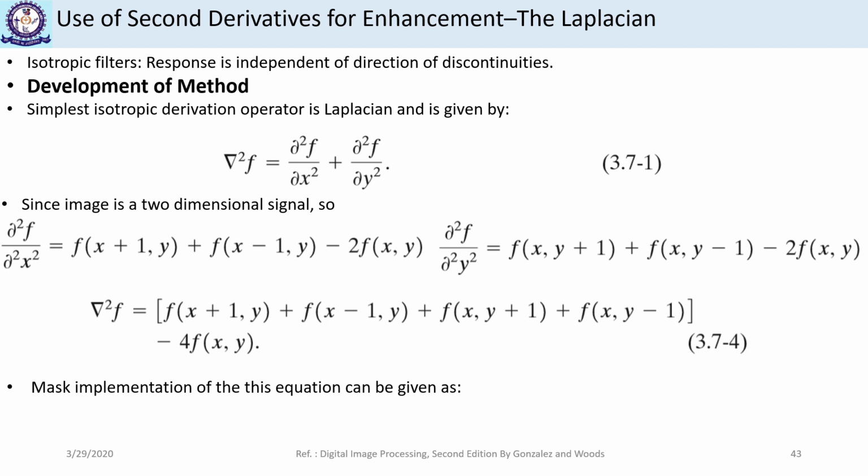Now if I want to deduce the filter coefficients from this equation, if you remember, how did we apply the filter on the image? The filter coefficients are multiplied by the coinciding pixel intensities. And we know that f(x, y) is the pixel intensity which coincides with the center pixel. So minus 4 would be the weight of the center pixel of the filter or the mask.